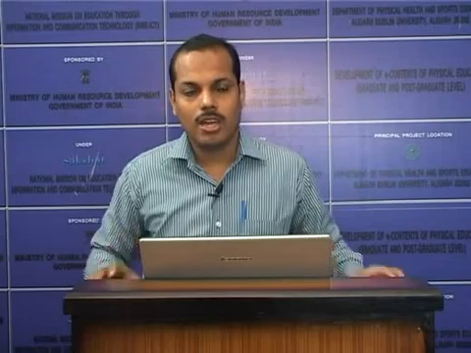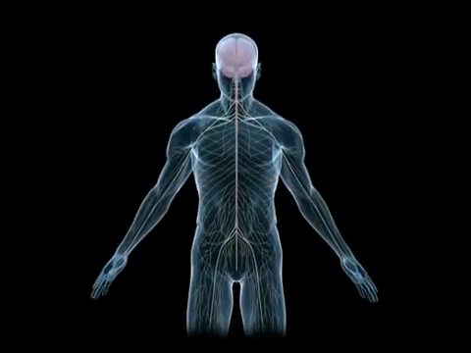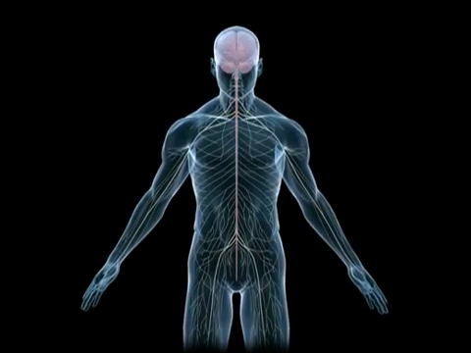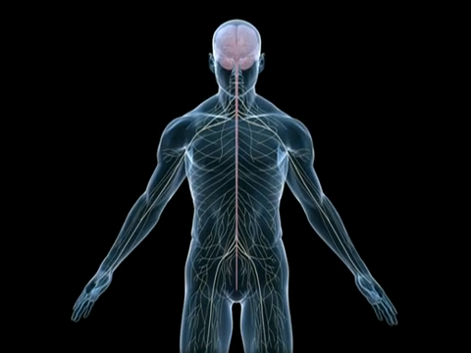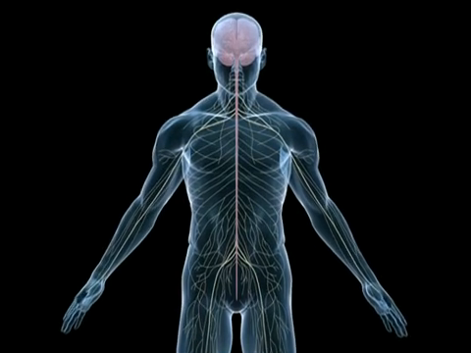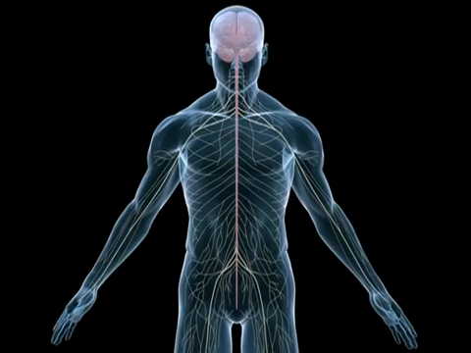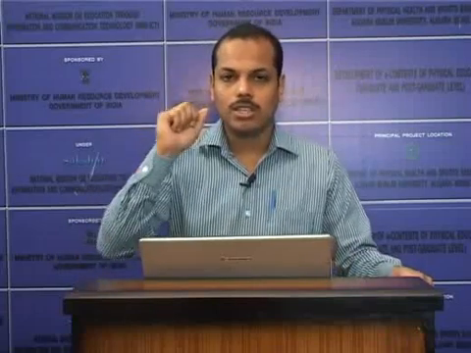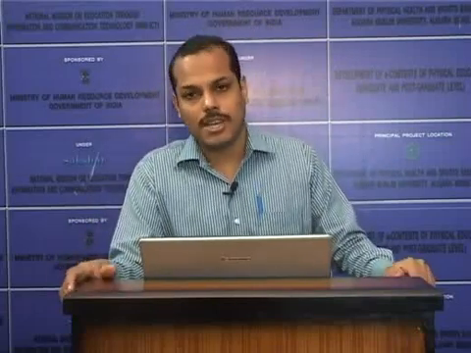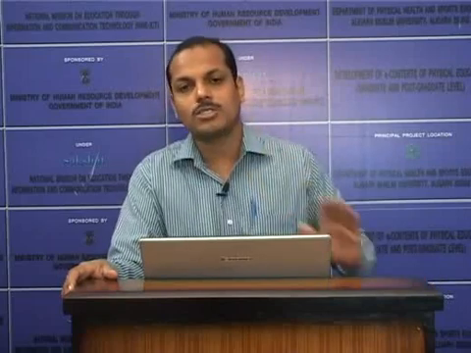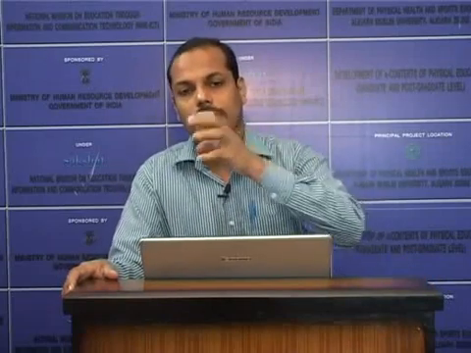From the receptors, it goes to the higher centers, and there it interprets what the problem is and what response has to be made. So the higher centers, the central nervous system, decide what the issue is and what response has to be made. Now the third basic function is reaction. Once the central nervous system decides what response has to be made, the reaction happens.